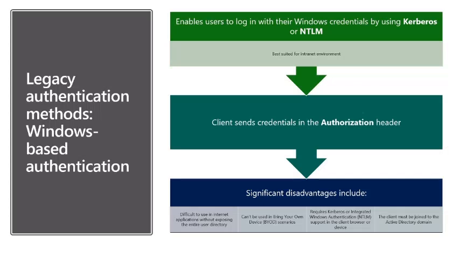Azure AD Connect is used to synchronize identity from Azure AD to an on-premises Active Directory server. It enables users to log in with their Windows credentials by using Kerberos or NTLM, and then the client sends the credential in the authorization header.